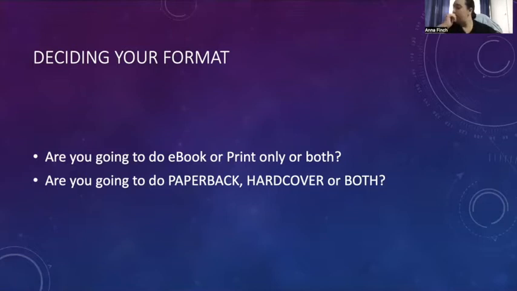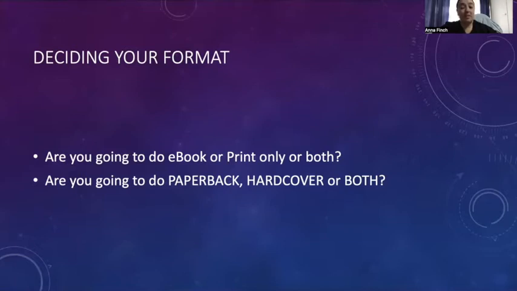Board books are a little bit more tricky to do with a print-on-demand company. So it's going to be hard getting that, but paperback and hardcover you can get done through Ingram.